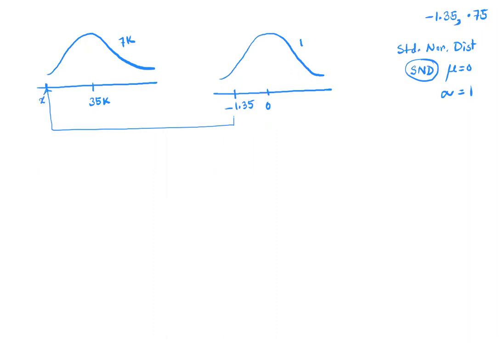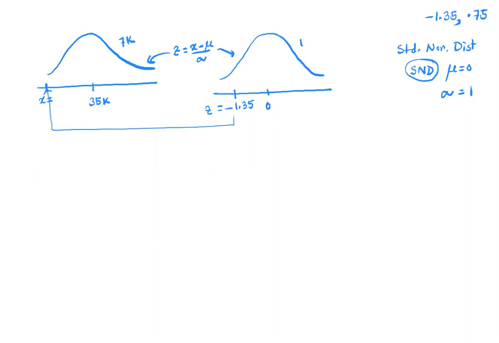What is the X value that will correspond to a Z value of negative 1.35? And Z is equal to (X minus mu) over sigma. That's what we use to go between these two, right?